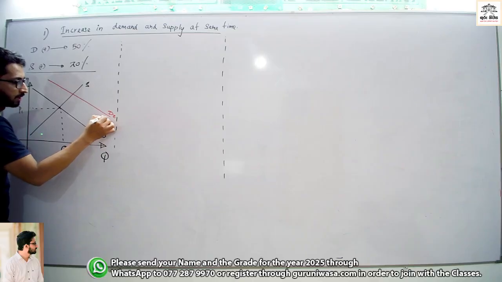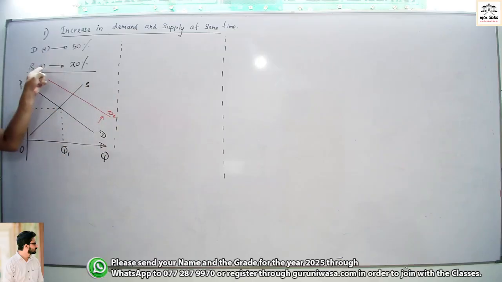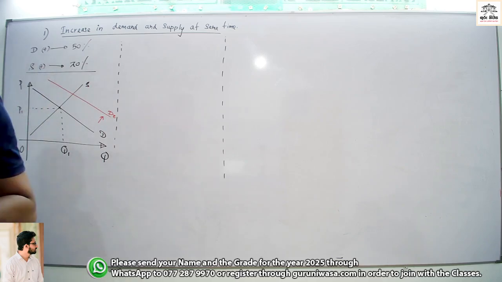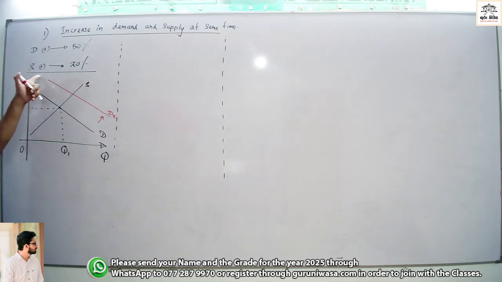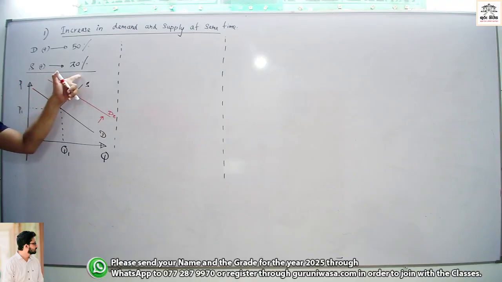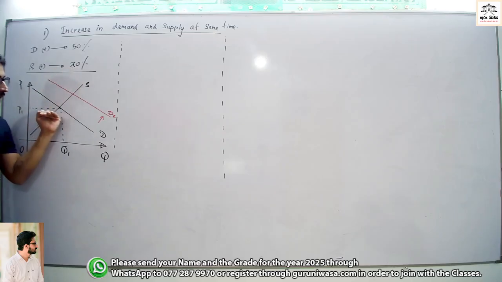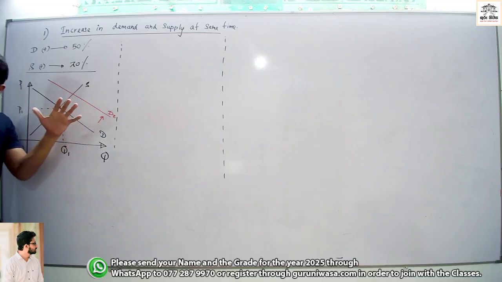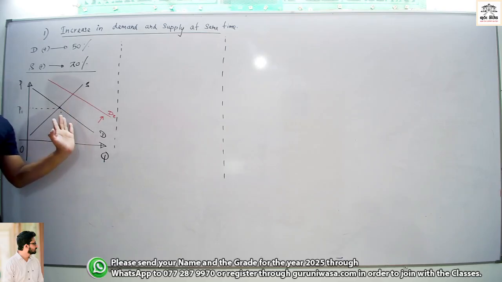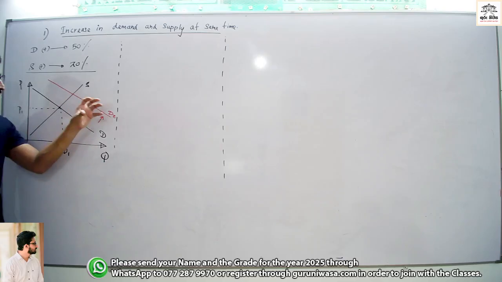Okay, D2. Then supply also increases. Kalana, what happens to the supply curve now? Shift to the right side, but 20%. It means, Lamai, you need to shift your supply curve to the right side, but by a distance less than the distance by which you shifted your demand curve.